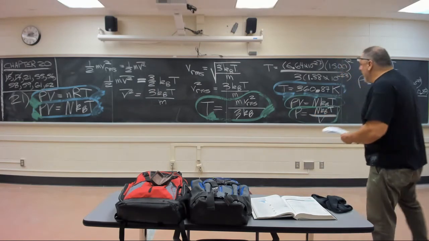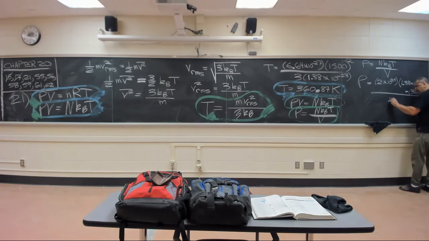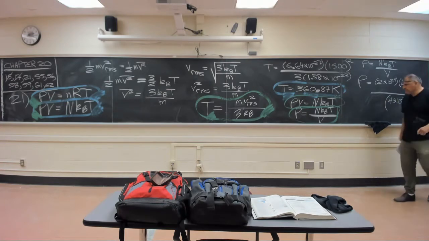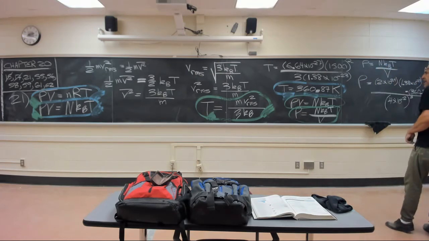We've got to stay in the MKS system of units, guys. If each side is 4 centimeters, that's 4 times 10 to the negative 2 meters. And when you cube it, you get the volume. At the end of the day, you guys, this is where it's at.